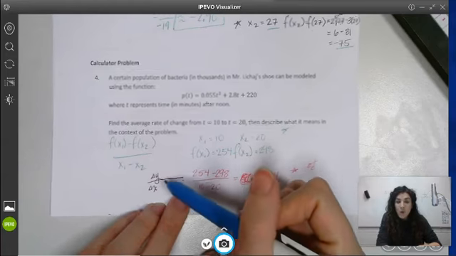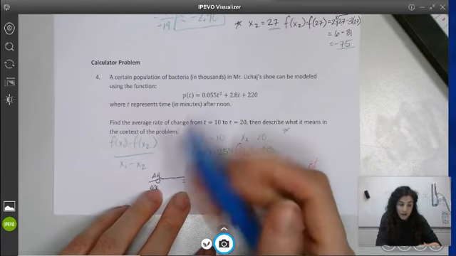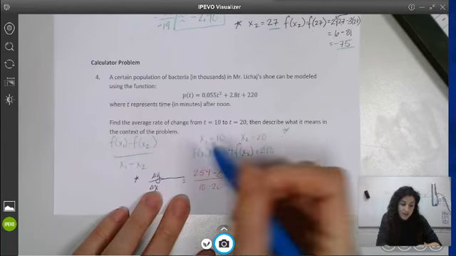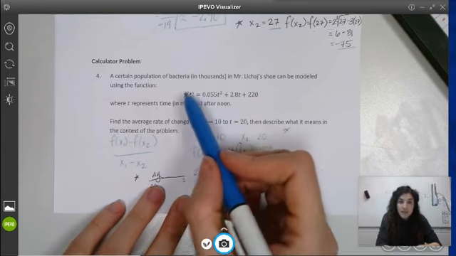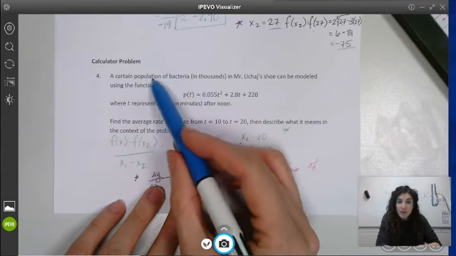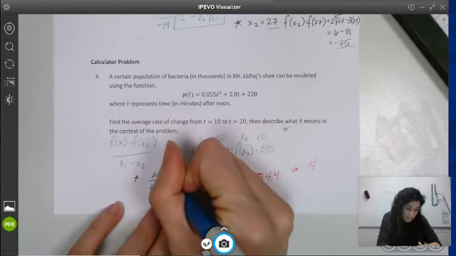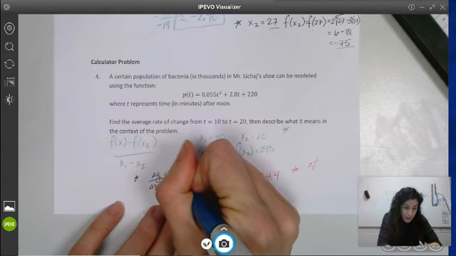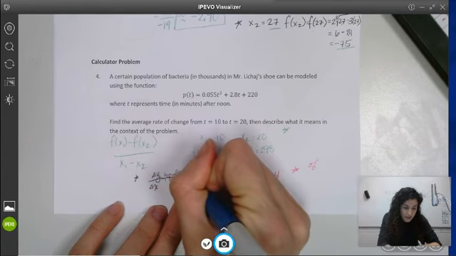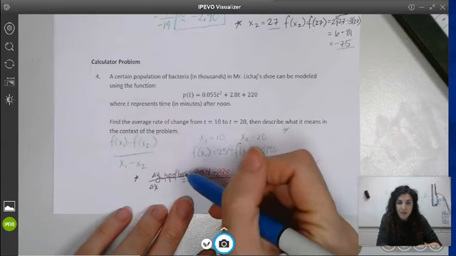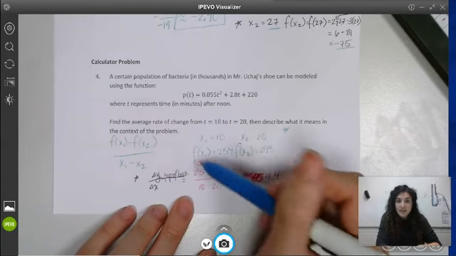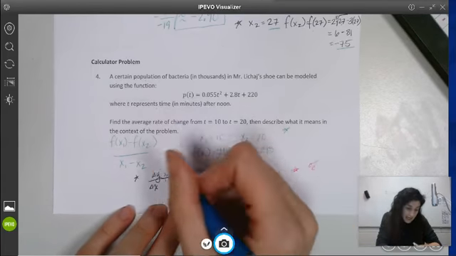Take a minute and think about what y represents here. Y represents P of T, the population of bacteria, so number of bacteria. X represents time.